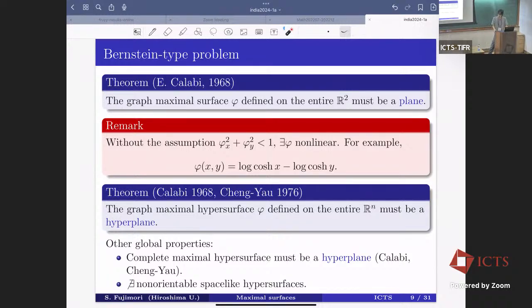Maximal surfaces are not studied well, but in the recent two decades, some people have been working on maximal surfaces with singularities, and we found interesting global properties of maximal surfaces.